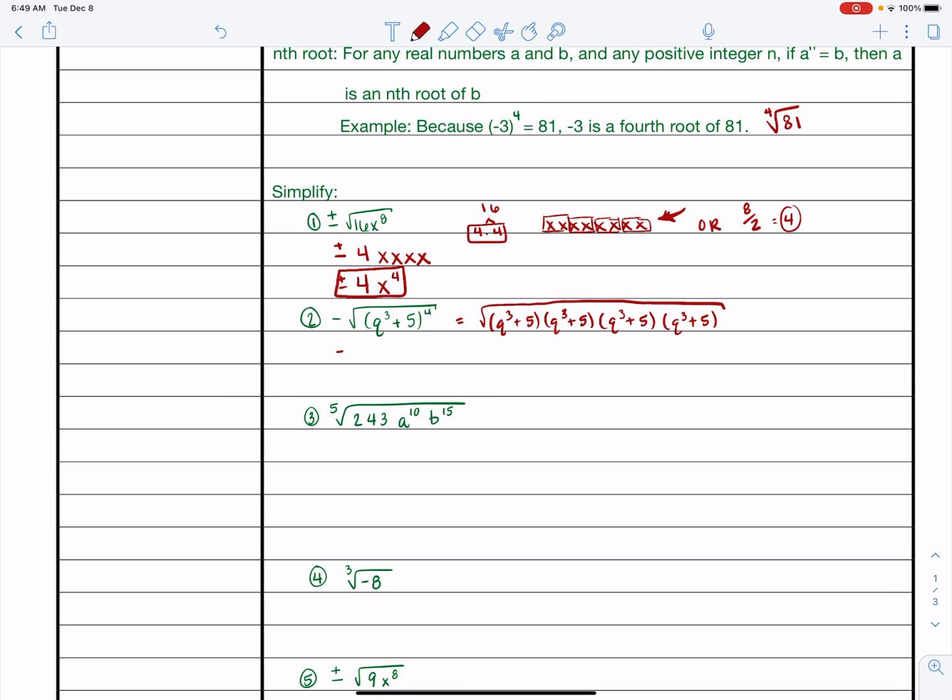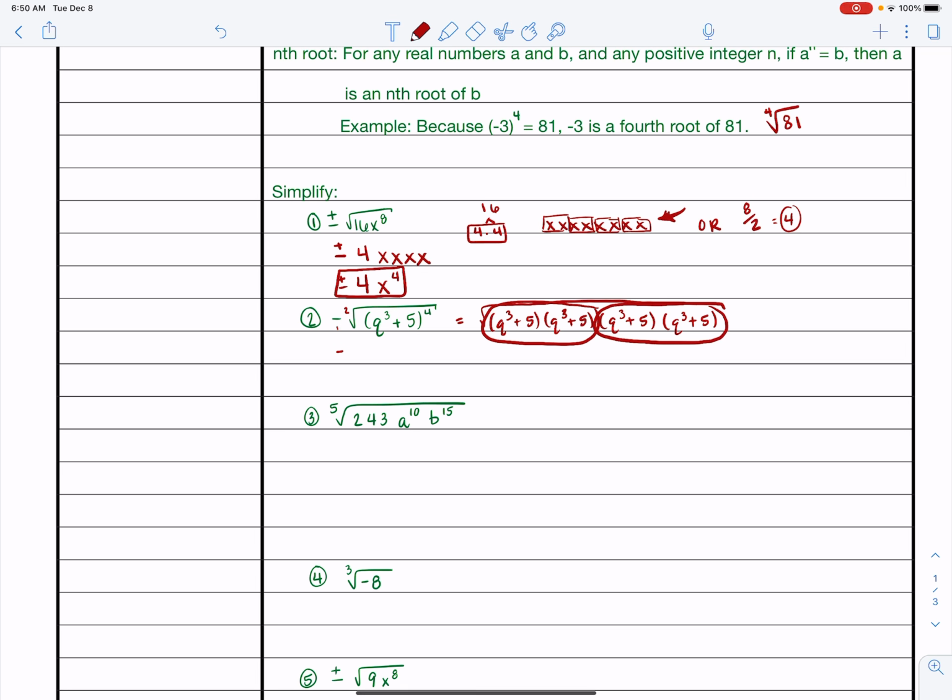Now, these are all sets of parentheses, so I can pair them. So I have one pair of q cubed plus 5, 2 pairs of q cubed plus 5. So remember, a square root, really, you could write a 2 in there, in the root part, just like this one is a 5, it's a fifth root. So when we are thinking square roots, we're thinking pairs of stuff, any pairs of 2.